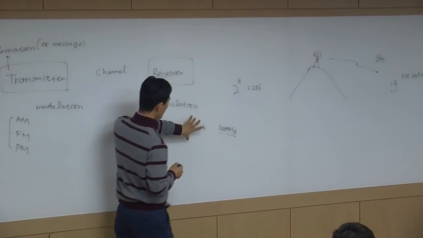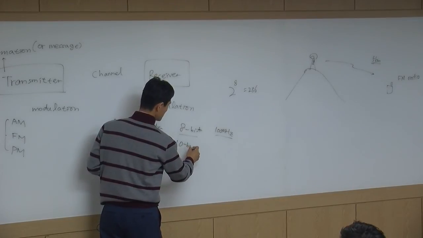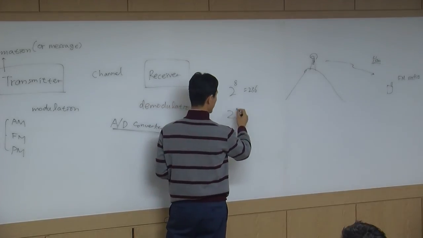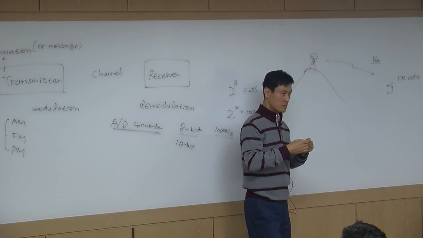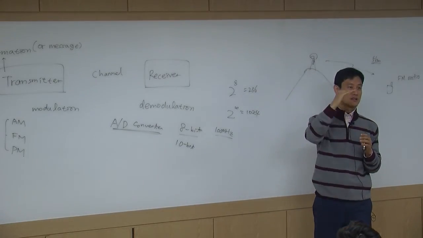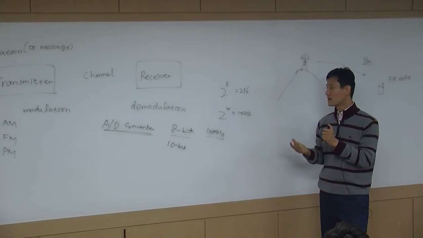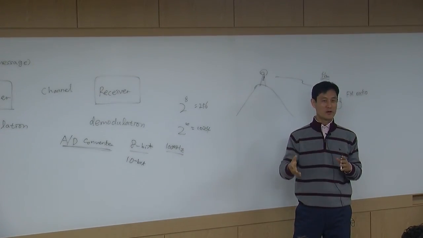If you have more bits, like 10 bits, that means this A to D converter will have 1024 different levels. So it's better, more accurate, because you have more levels. But the problem is it's more expensive and consumes more power.